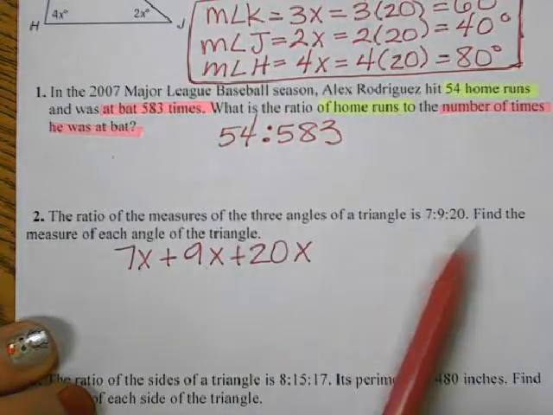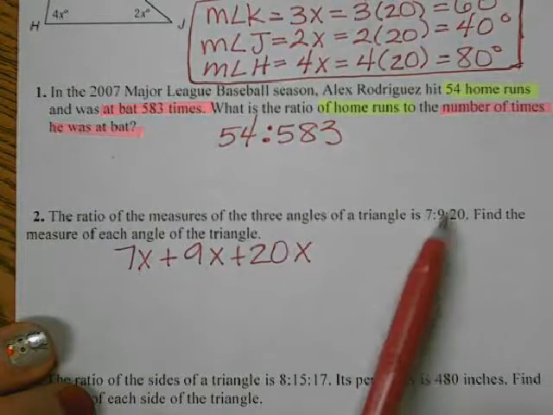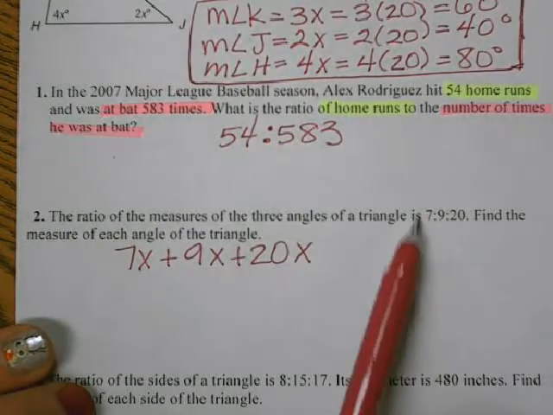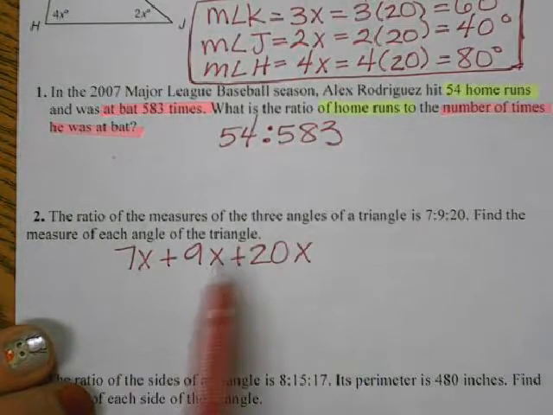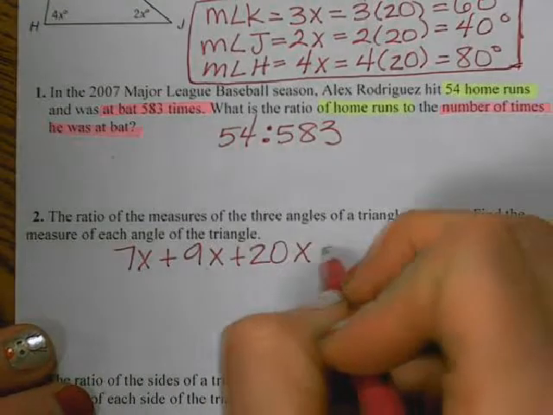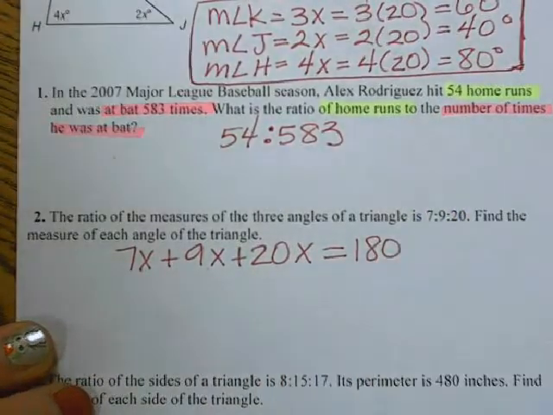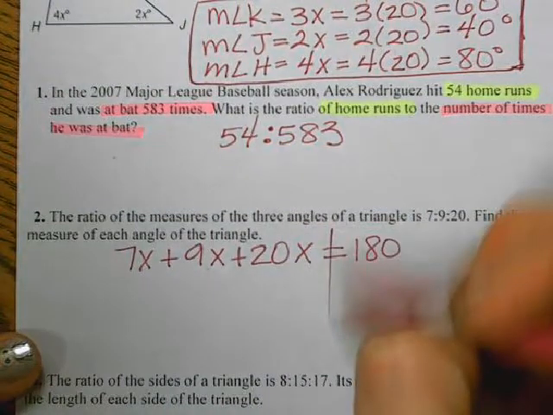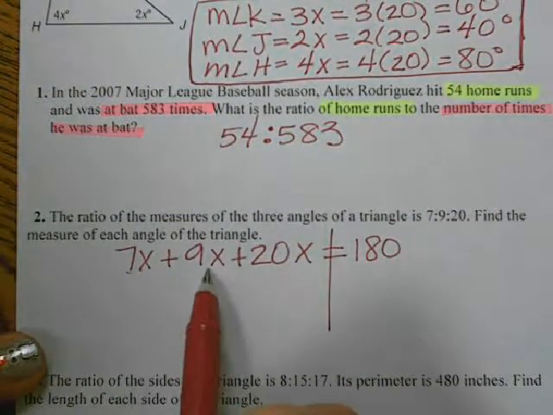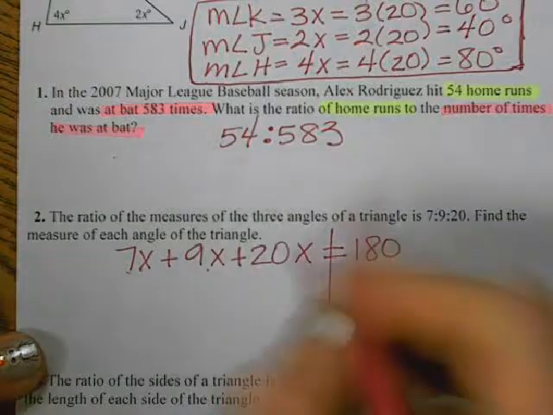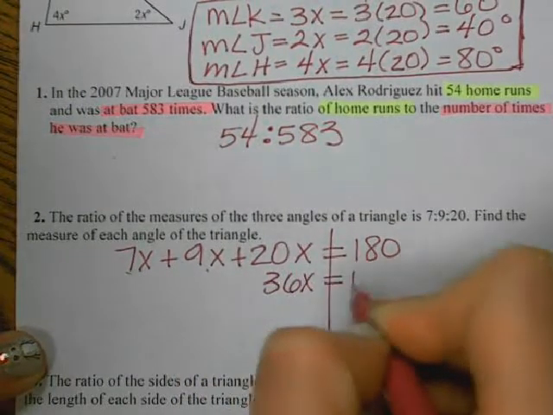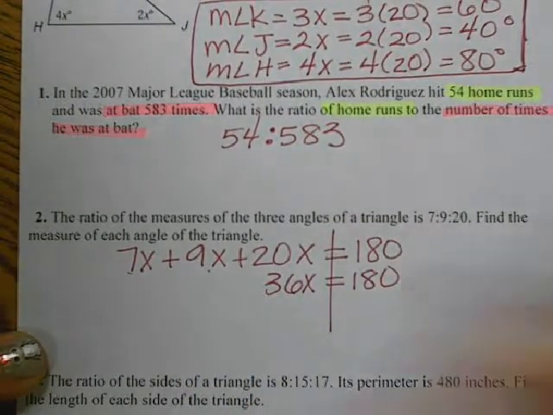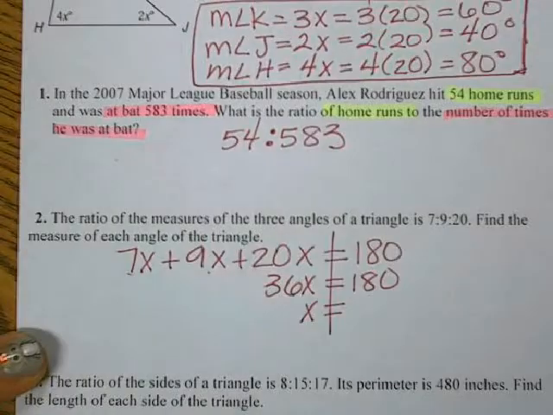If it's going to be a triangle, the ratio means that I can multiply or divide every single part by that exact same number. So that's why we're putting the x here. So those 3 angles, if I add them together, I get 180. Okay, so that's going to be 36x equals 180. And then we're going to divide, so x equals 5.